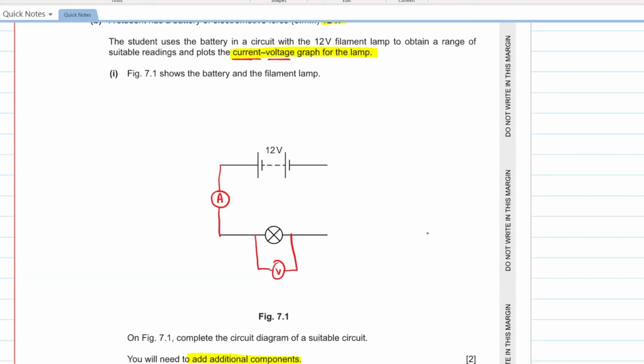If we make this circuit, beta, we will only get one reading of current and one reading of voltage.